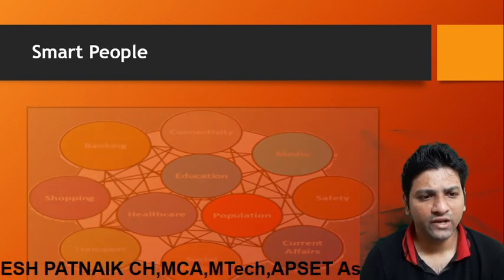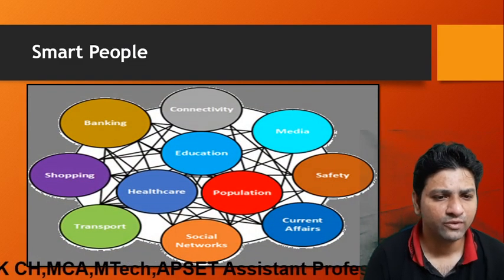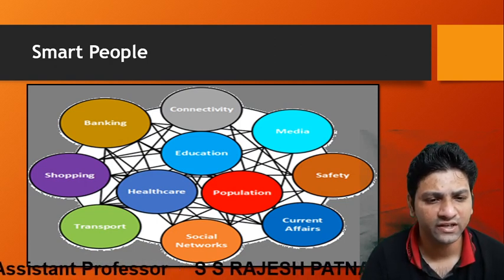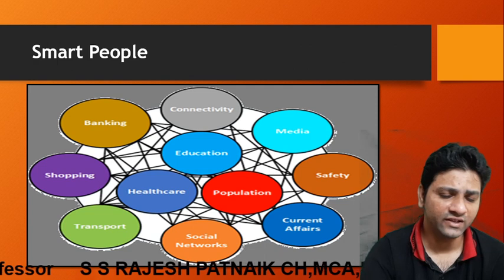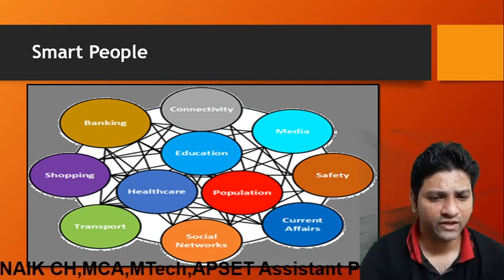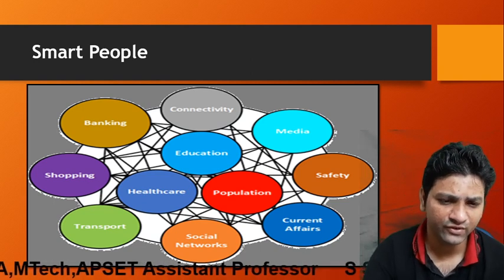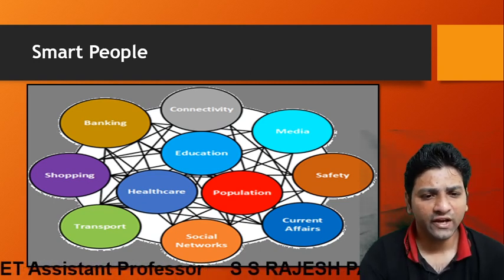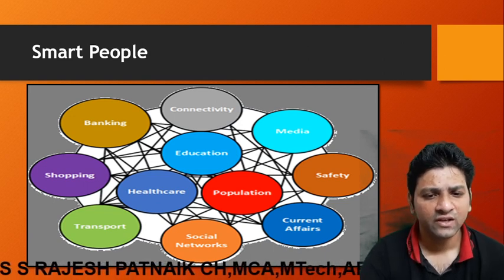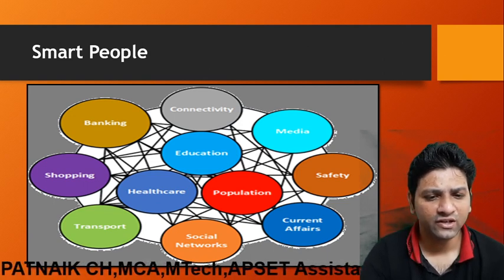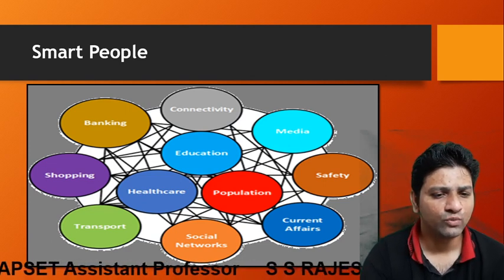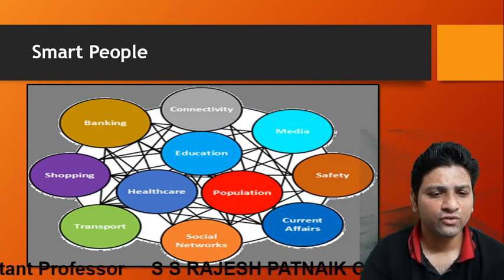Next, we have smart people. Smart people means those who will subscribe to a certain service, which will be there in the cloud. For example, in the case of education, consisting of colleges and schools, the parents of the children will subscribe to a particular service because they want to monitor their children.